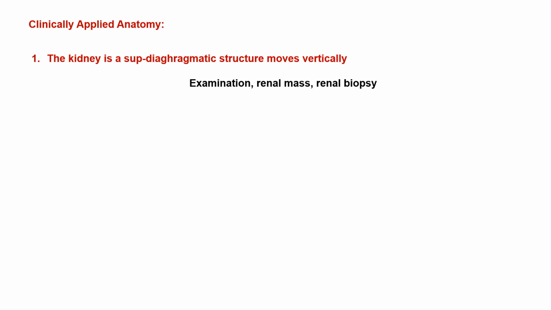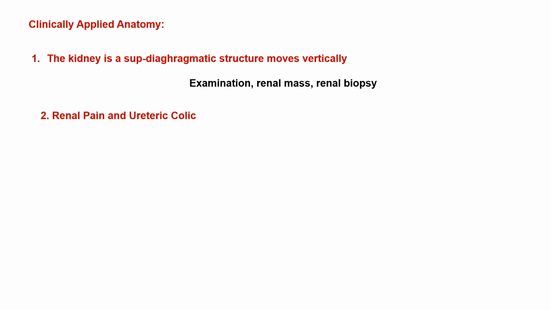The right kidney lies 1 to 2 centimeters lower than the left kidney due to its relation to the liver, which is pushing the right kidney down. Also, in looking at a renal mass, the kidney moves vertically with inspiration, as we will see in the next slide. And also, on doing a renal biopsy, we ask the patient to take a deep breath and hold it to get the biopsy from the lower pole of the kidney.